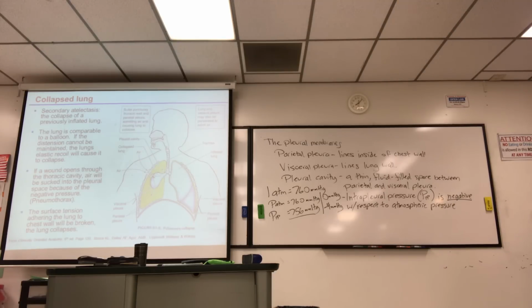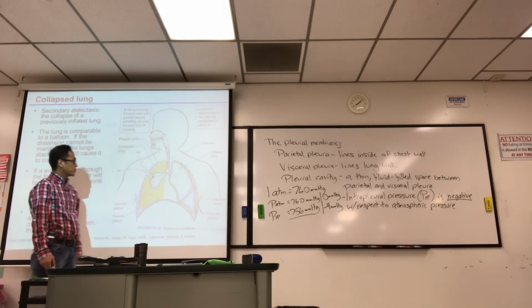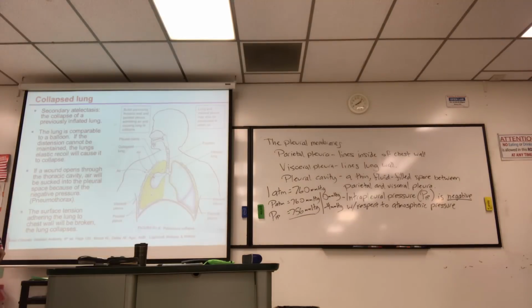Took your first breath? Yeah. So they're inflated your whole life unless you sustain an injury, say like a bullet hole in your chest, and it breaks the seal. The lung collapses. Like I said, the lung is comparable to a balloon. If the distension cannot be maintained, the lung's elastic recoil causes it to collapse just like a balloon would.